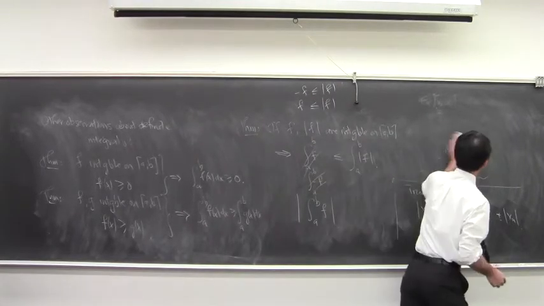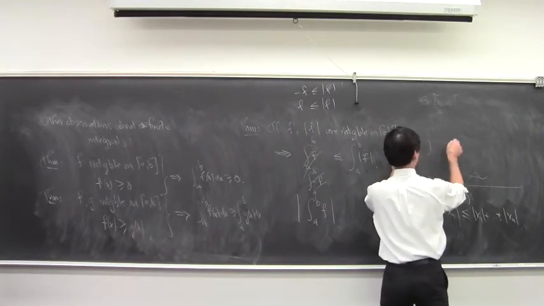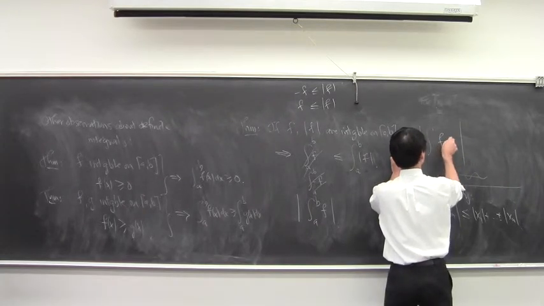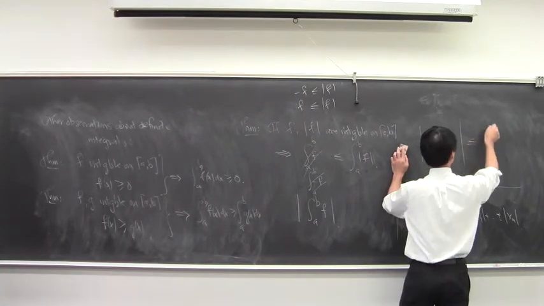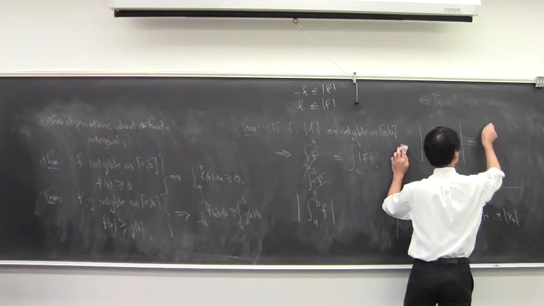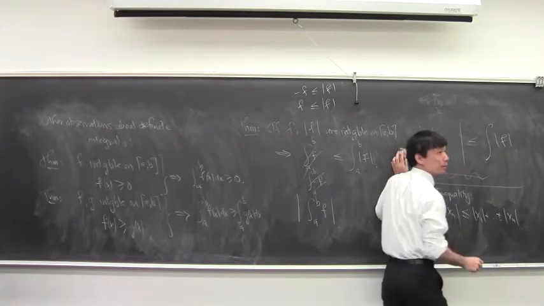So that's basically the same thing that we're saying here, right? That the absolute value of a sum is smaller than or equal to the sum of the absolute values.